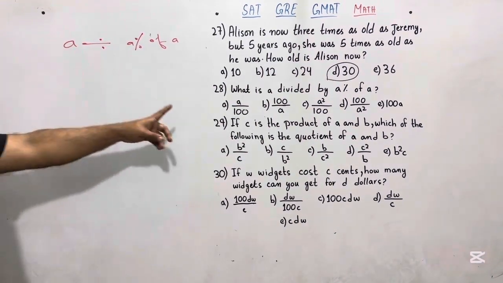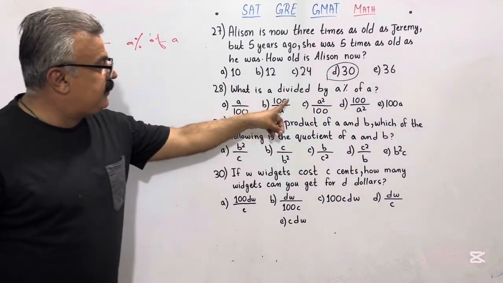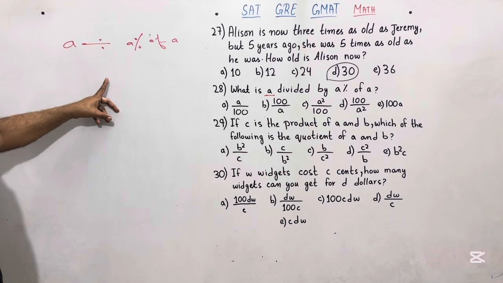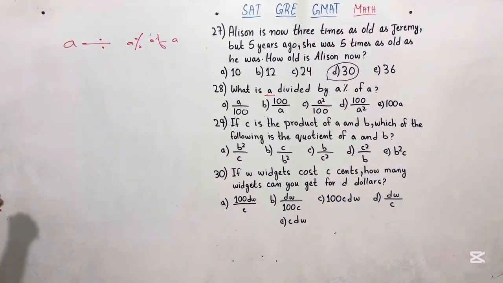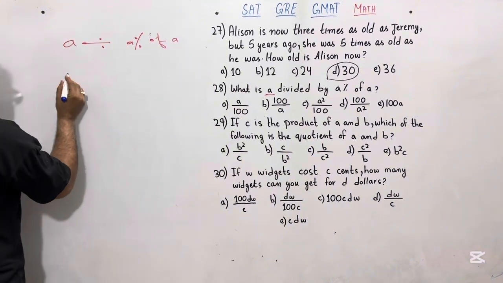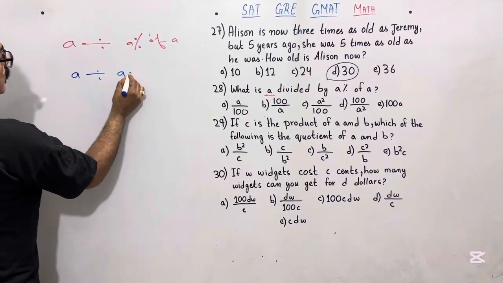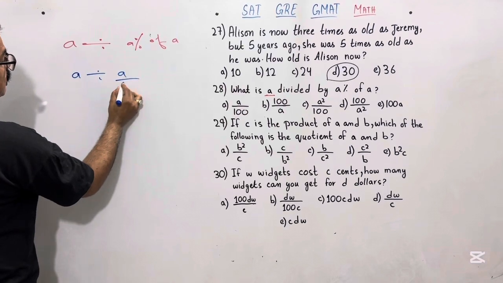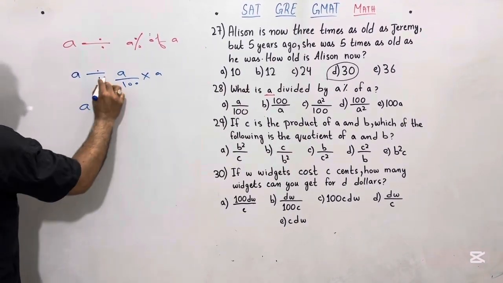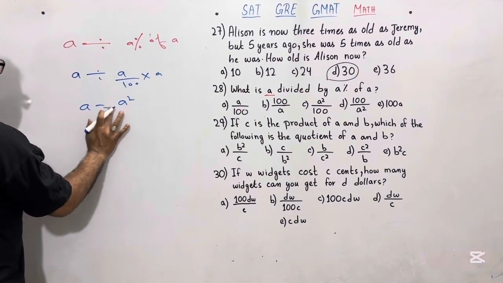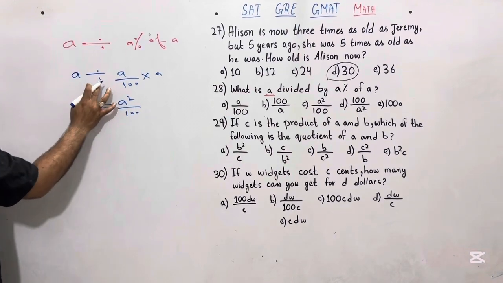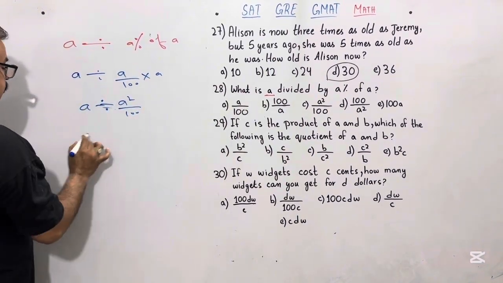What is A divided by A% of A? Simply, of means multiplication. We can write A divided by A, and to remove percent, divide by 100, of means times A. It will become A squared, so A divided by A squared over 100.